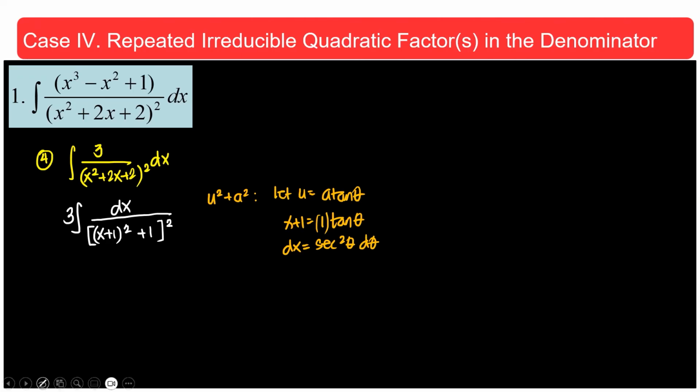Okay, let's try substituting everything. 3. In place of dx, I will write secant squared theta d theta. At the bottom, it's going to be tangent squared theta plus 1 squared.